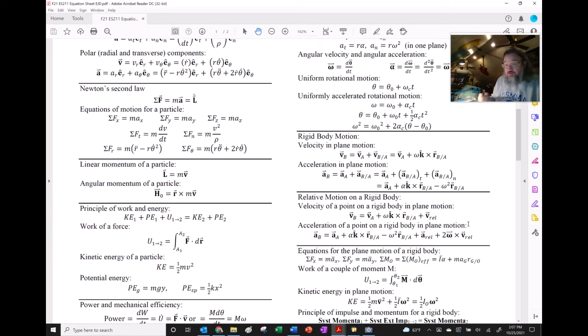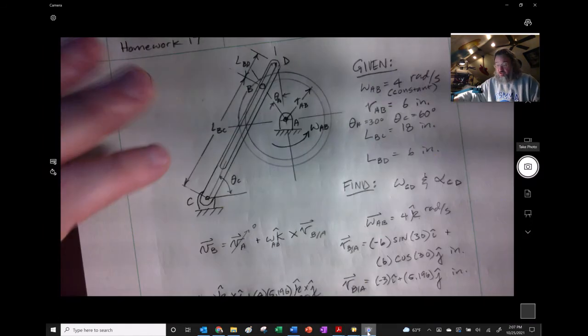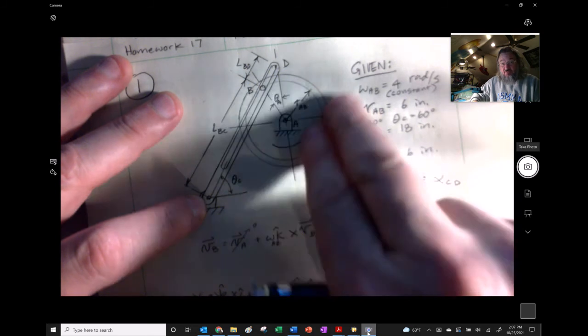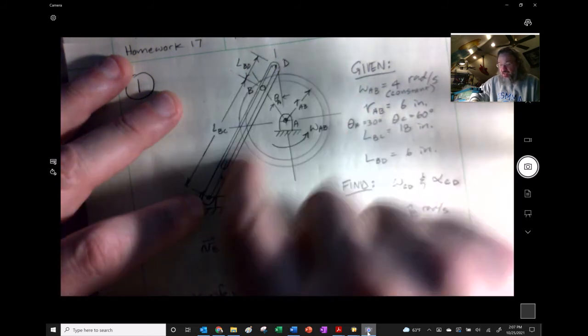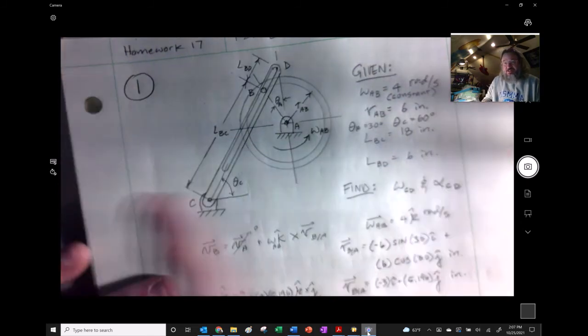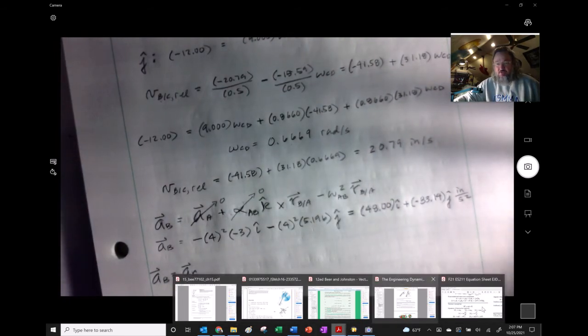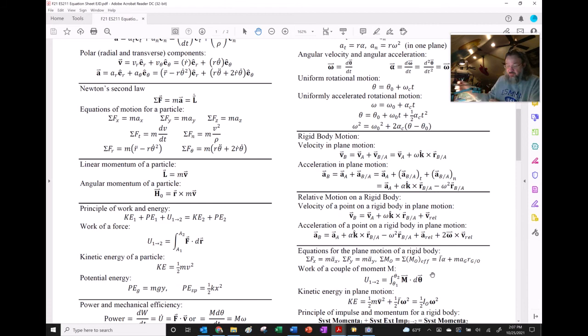We wrote out just now what the acceleration of B is because of the disk. Now we write out what B is if it was because of this rotating reference frame. That's why we're doing it twice, just to be clear.